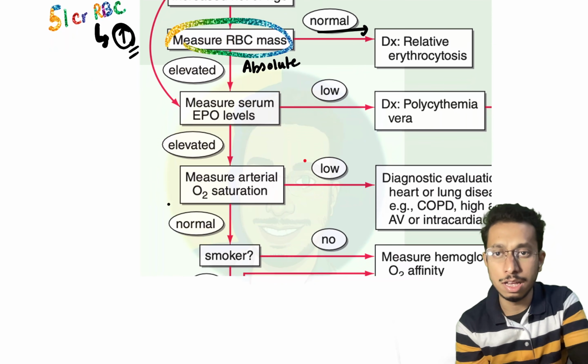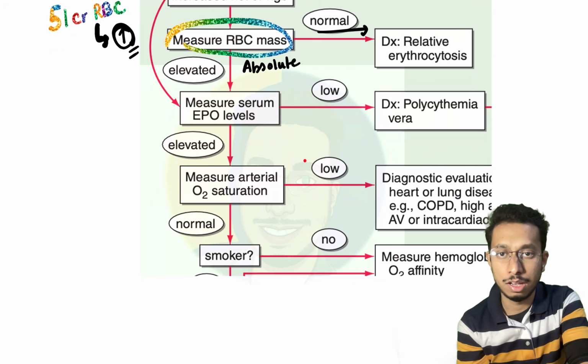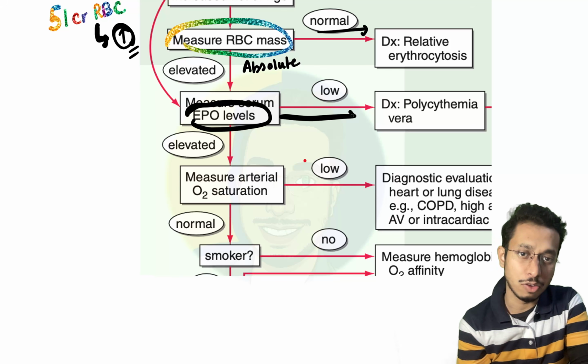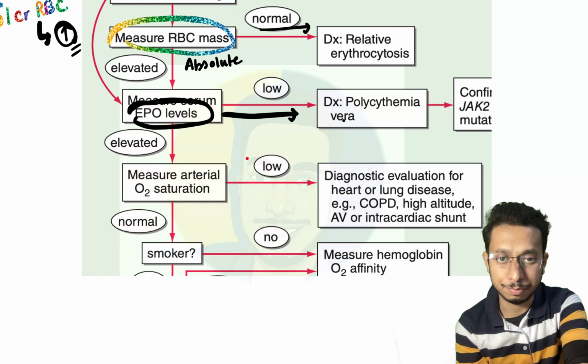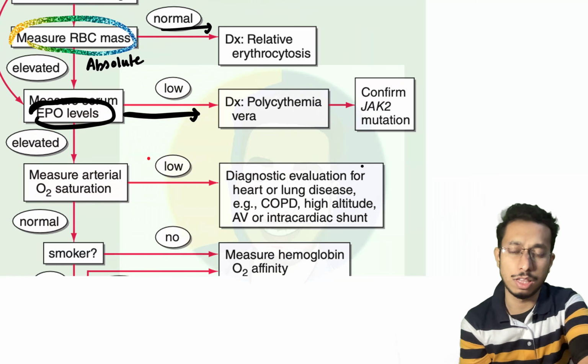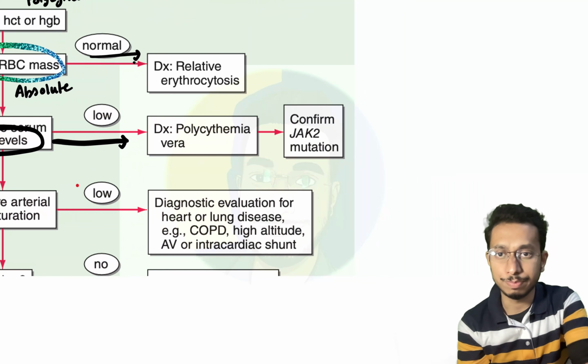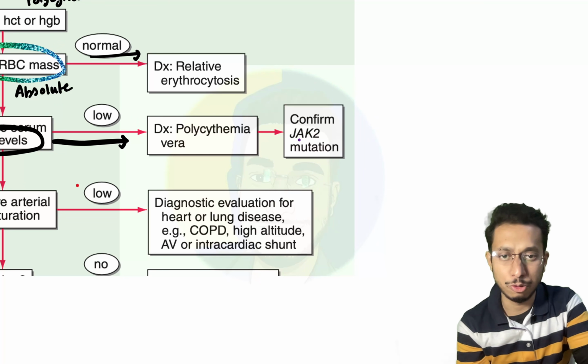Now, once you know that it is absolute erythrocytosis, what is the next step? Next step involves checking the erythropoietin level. All right. Now, if this erythropoietin level is low, this is a case of polycythemia vera, and you need to confirm it by checking the mutation. So what are the mutations that you need to check?